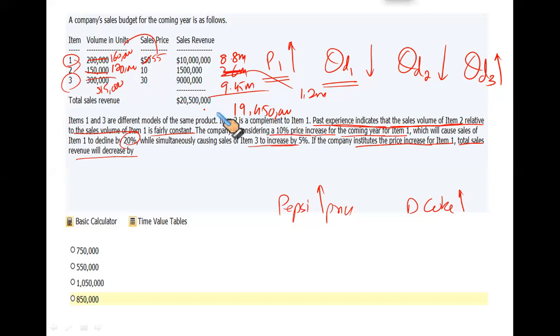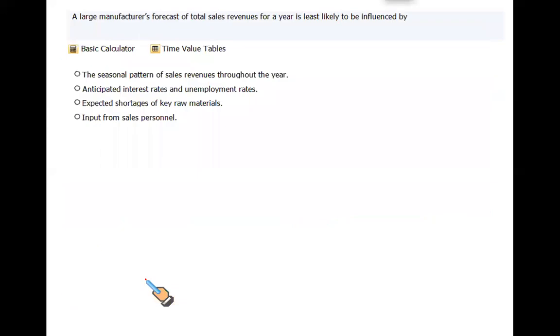And it's going to decrease by 1.05 million. So if you institute the change in price in item 1 only, since items 1, 2, and 3 are connected, it will cause the overall revenue to decline by 1.05 million. So that makes C the correct option.